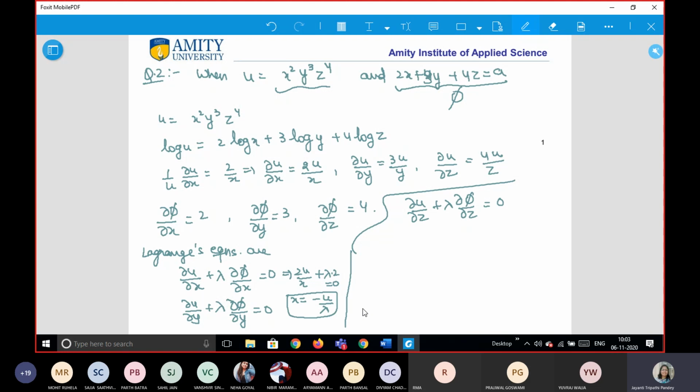Yes or no? Yes, ma'am. Then when you put it here, what will you get? You will get 3u by y plus 3 lambda equals to 0. That means y is minus u by lambda. Similarly, z is minus u by lambda. Just check.